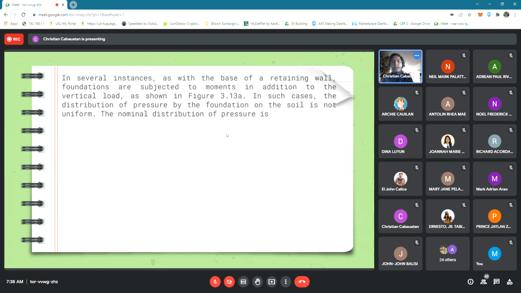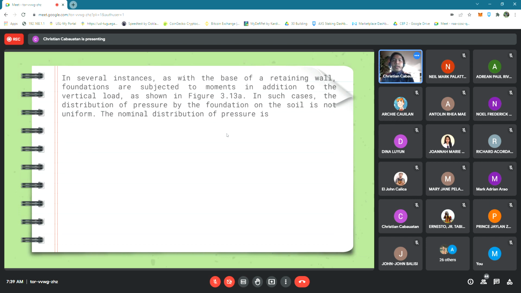In several instances, as with the base of a retaining wall, foundations are subjected to moments. As I've said before, we also consider the moment in addition to the vertical load. Not like before in lesson 1 and lesson 2, where we considered only the vertical loads.